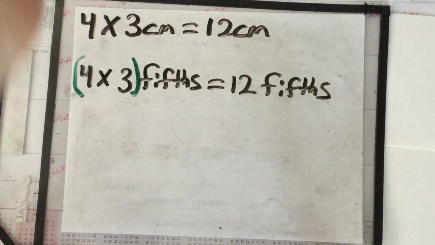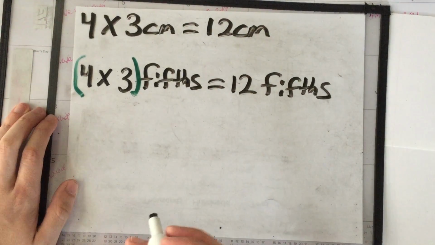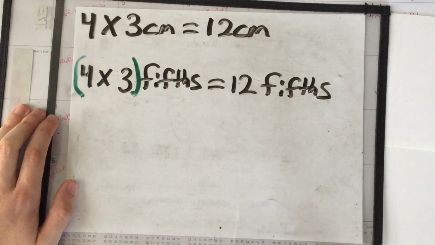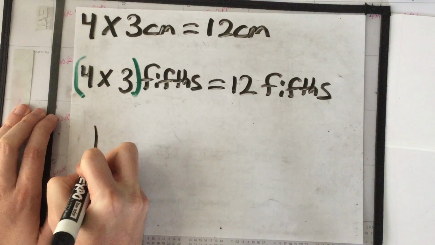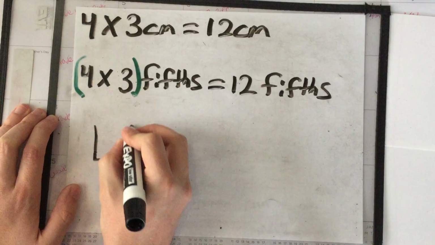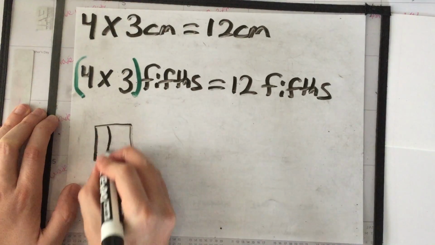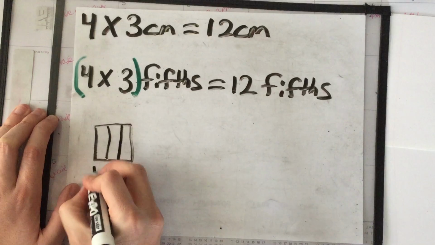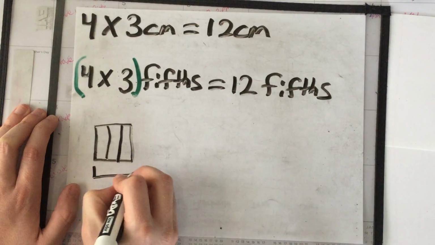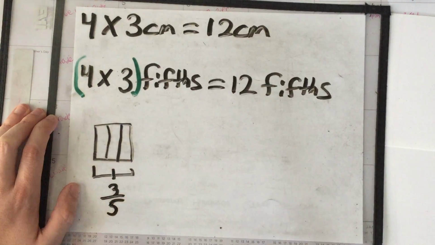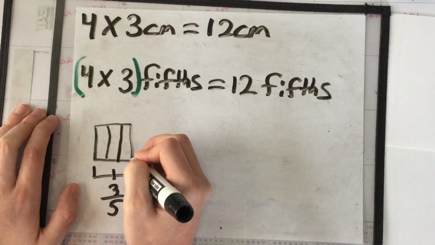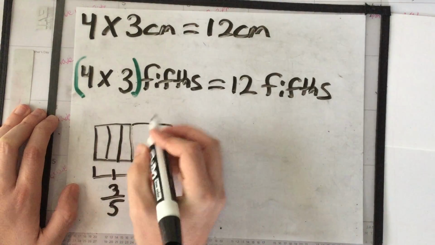If we were to write this as a tape diagram, we would need bundles of fifths. Let's say each of these is 1/5, so the whole thing is 3 fifths. But I don't have 4 of them, so I would need another copy.